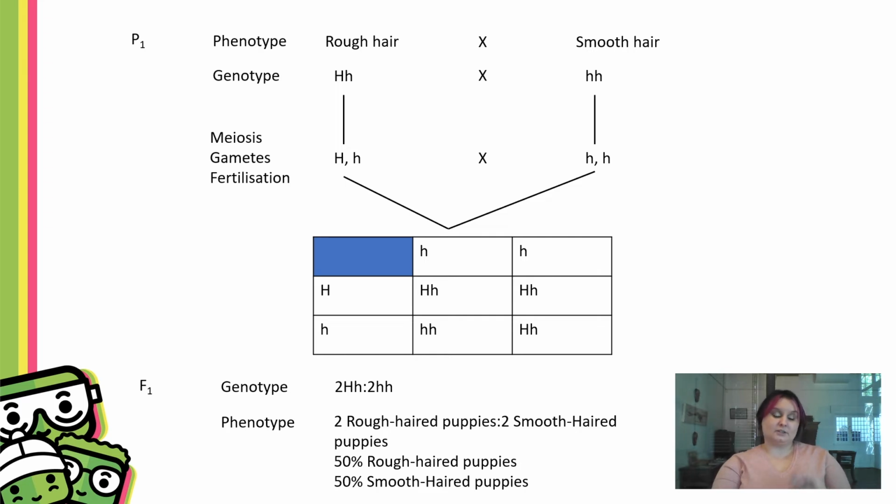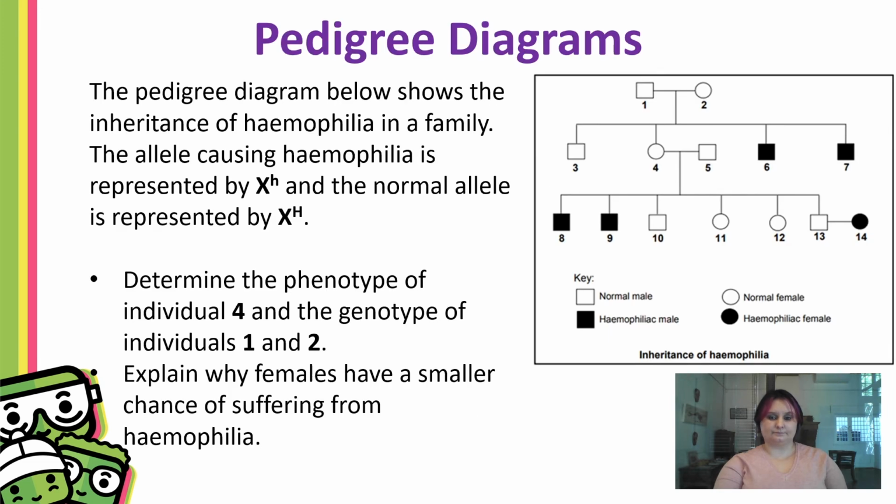So please practice your monohybrid crosses. Very, very important. You do also need to know a little bit about dihybrid crosses, which is the inheritance of 2 characteristics. And you don't need to be able to draw the Punnett square for that, but you do need to be able to understand the inheritance of the 2 characteristics.